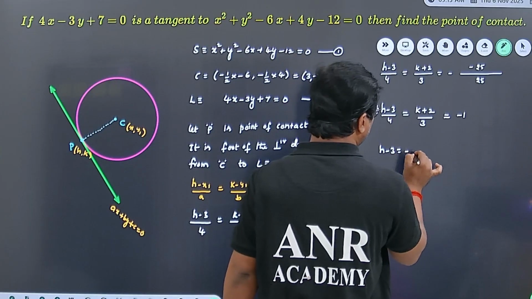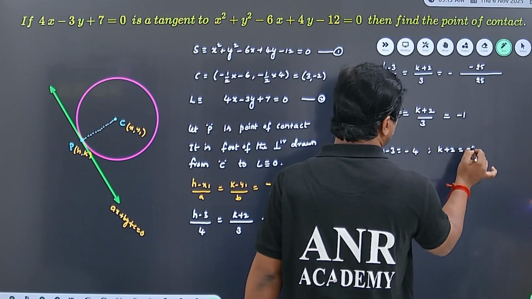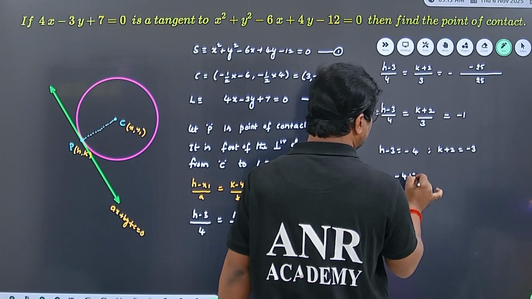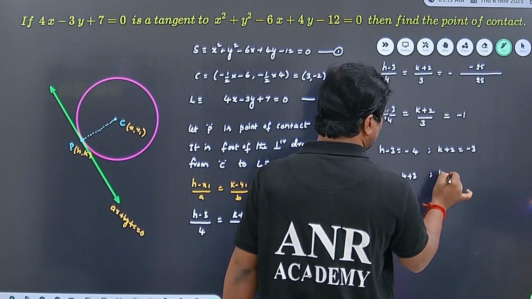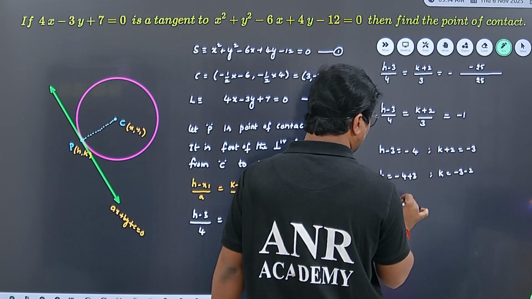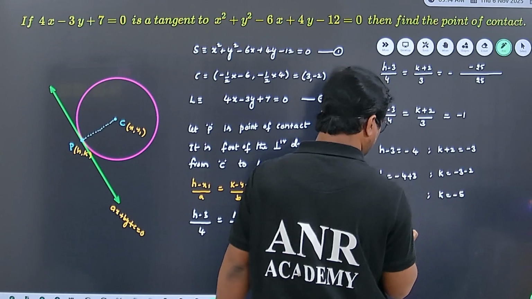H minus 3 become minus 4, k plus 2 become minus 3, h equal to minus 4 plus 3, k equal to minus 3 minus 2. Therefore h value minus 1, k value minus 5.